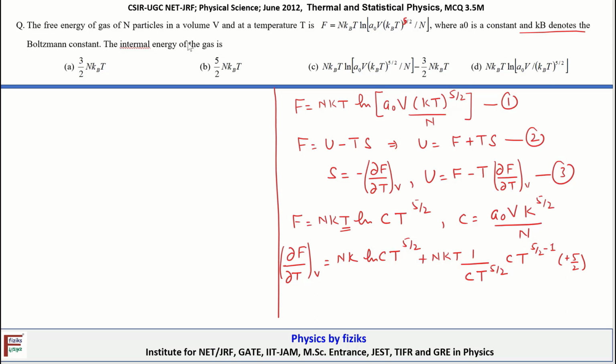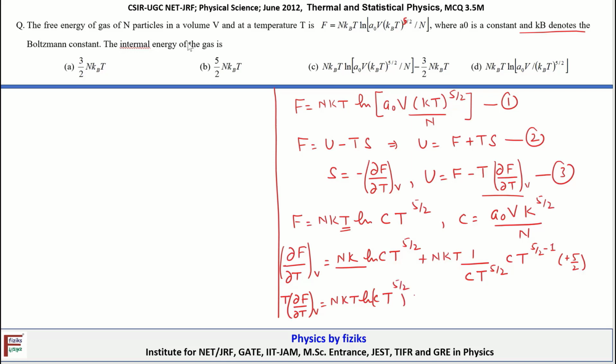Now we are going to multiply this result with T, because ultimately in equation 3 we need T dF by dT. So we multiply by T on both sides. T dF by dT at constant volume is equal to NkT ln CT^(5/2).